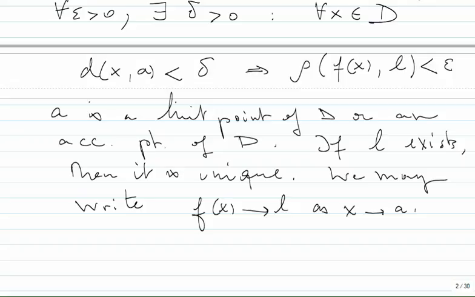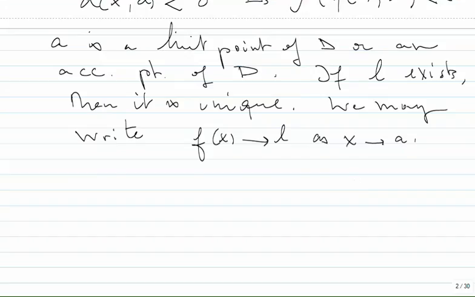As we did on the real line, we have the same beautiful theorem, which is the sequential characterization of the limit.